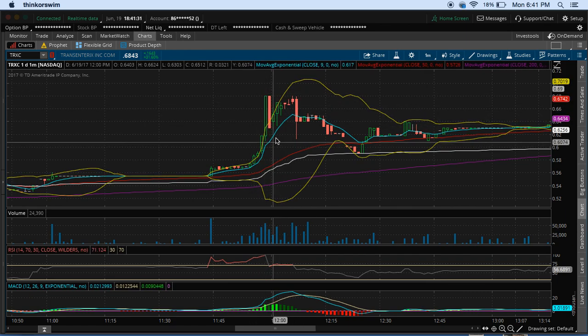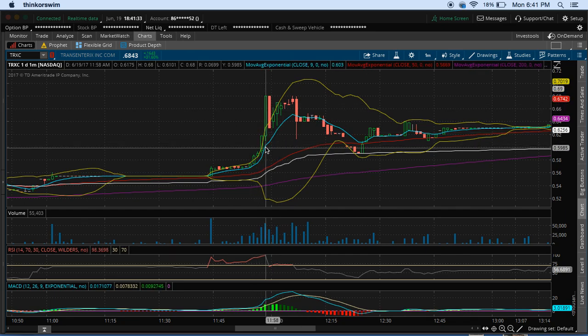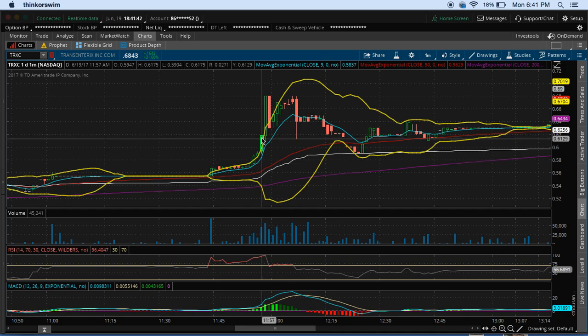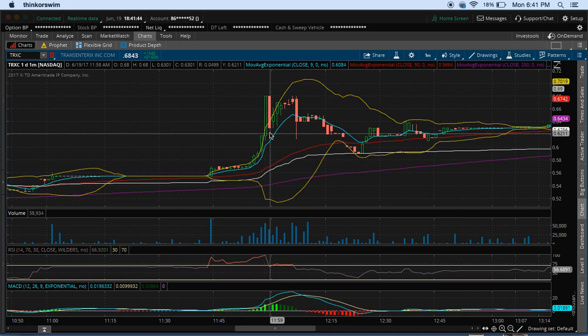So whenever you're trading and you see a stock just completely rip up and exceed your upper Bollinger Band by a pretty good amount, even this here could trigger some sell-off to get it back within the trading zone.